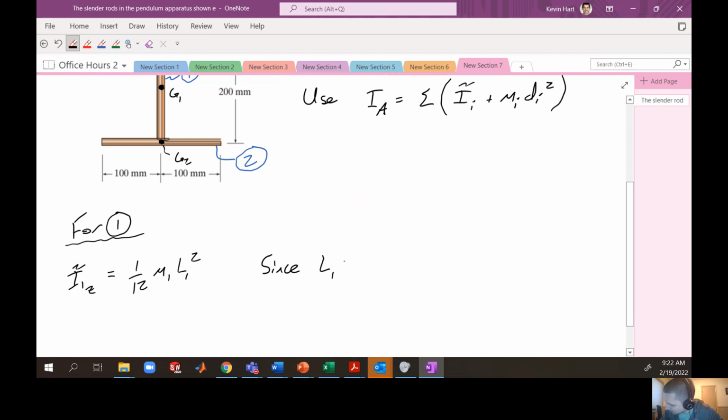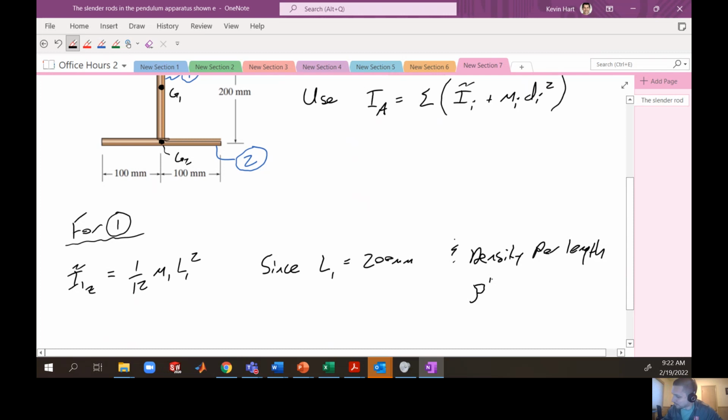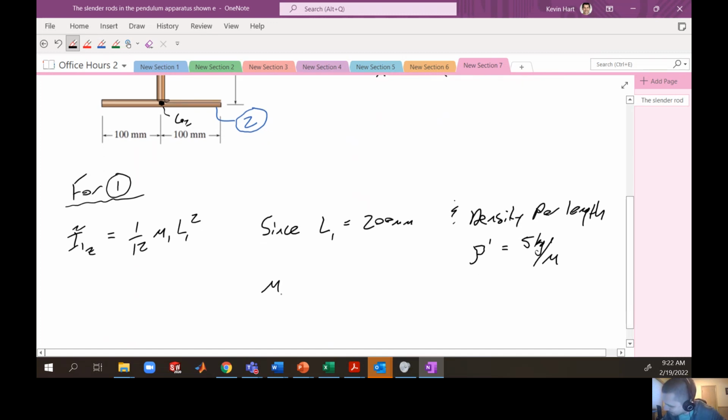So since L1 equals 200 millimeters, and the density per length, sometimes you see this as rho prime or rho double prime, is equal to 5 kilograms per meter, then we could say that the total mass of object 1 is 0.2 meters, which is the total length of object 1, putting it here in meters as a direct conversion from L1, times the density per length, which is 5 kilograms per meter.